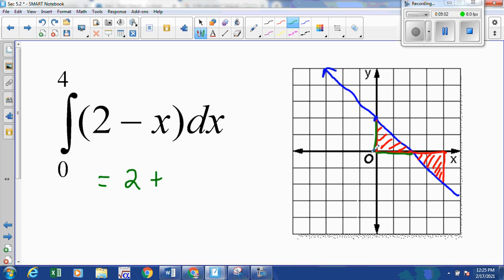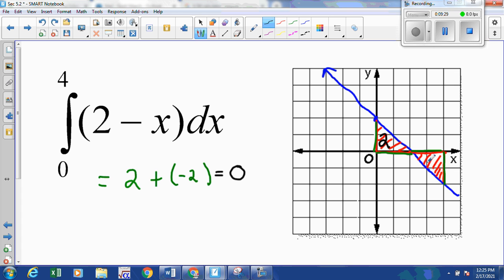Plus the second one also has a width of 2 and a height, but now our height goes down. What that means is this area is below the x-axis. And anytime we have an area below the x-axis, it has to be a negative 2. So the integral from 0 to 4 here is actually 0. The area above the x-axis is 2.